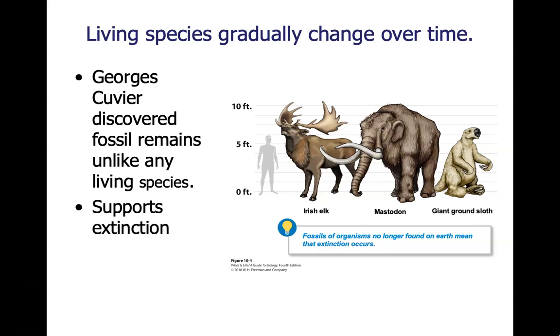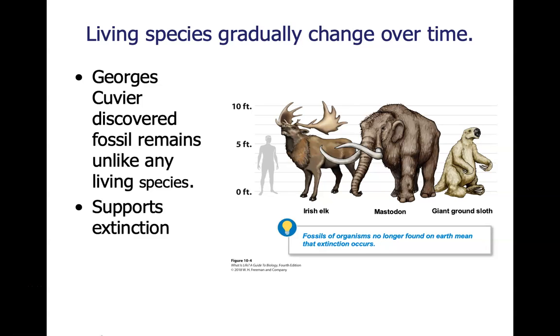His books and publications documented things like Irish elk, mastodons, giant ground sloth, those animals that are pictured there. And they had no resemblance to current living animals. Cuvier was not really a proponent of the idea of evolution. He was simply observing what was going on.